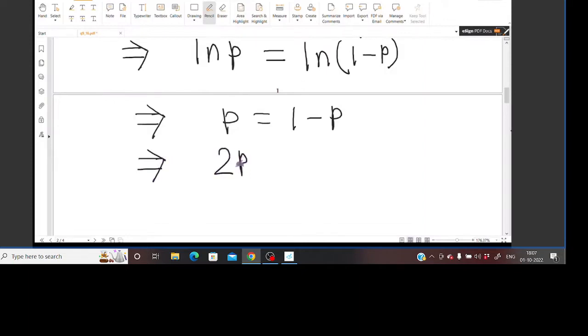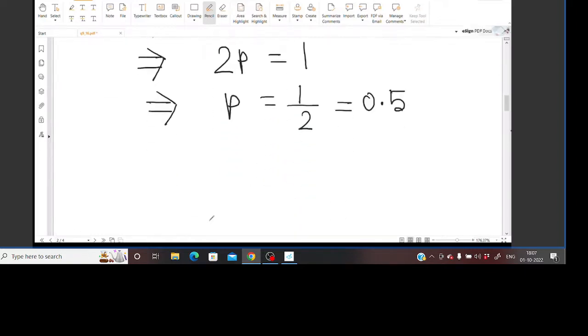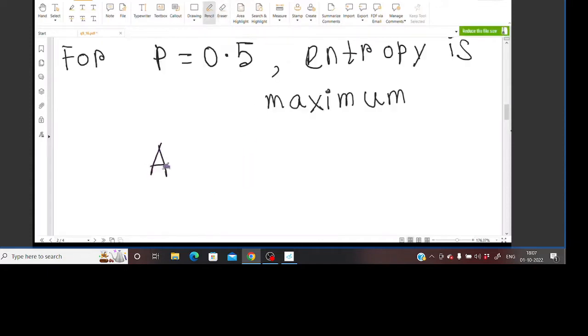So 2p is equal to 1, or p is equal to half. So for p equal to 0.5, the entropy is maximum. So in this question, the correct answer is 0.5.